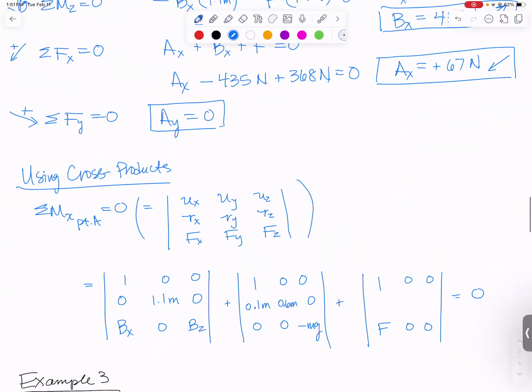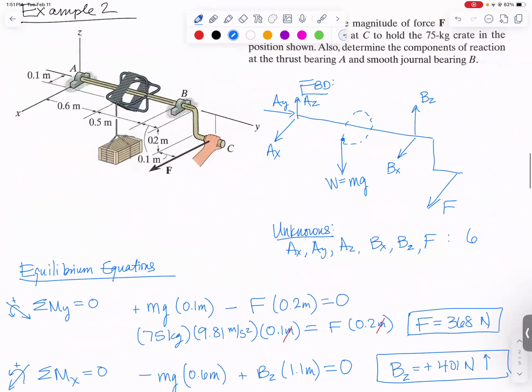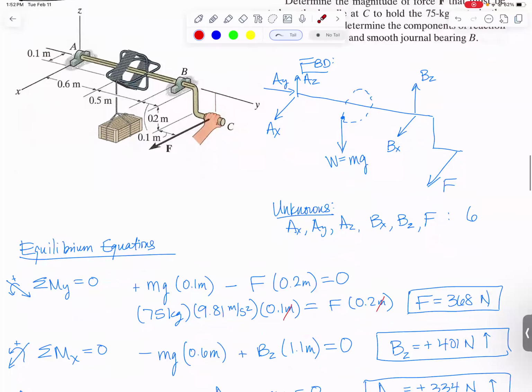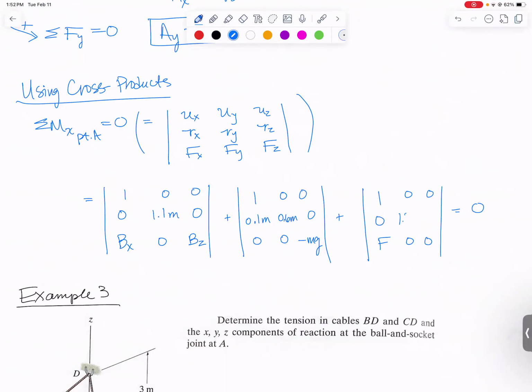And now we need a position vector that gets us from A to F. To get from A to F, we had to go 0.6 plus 0.5 plus 0.1 plus 0.1. We had to go 1.3 meters in the y direction, and minus 0.2 meters in the z direction.